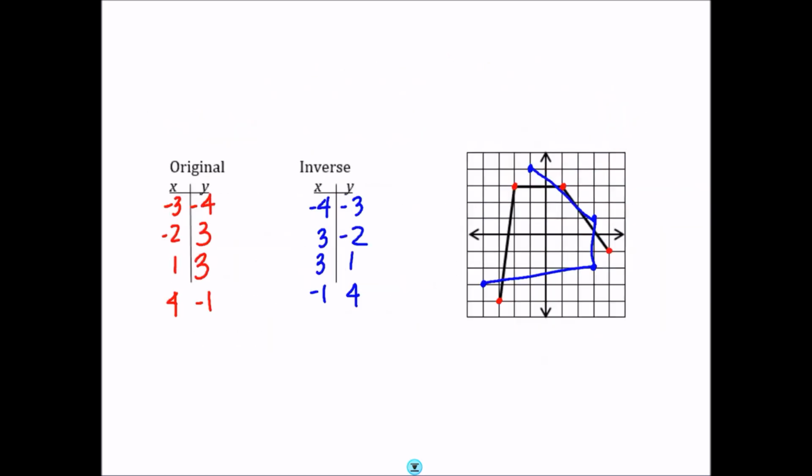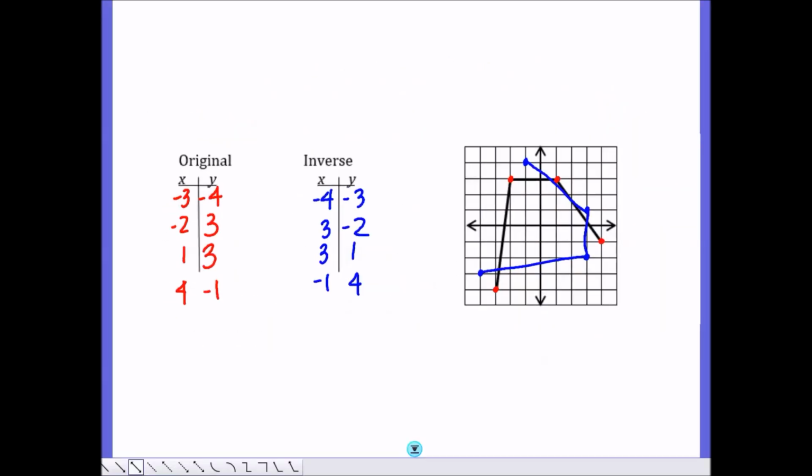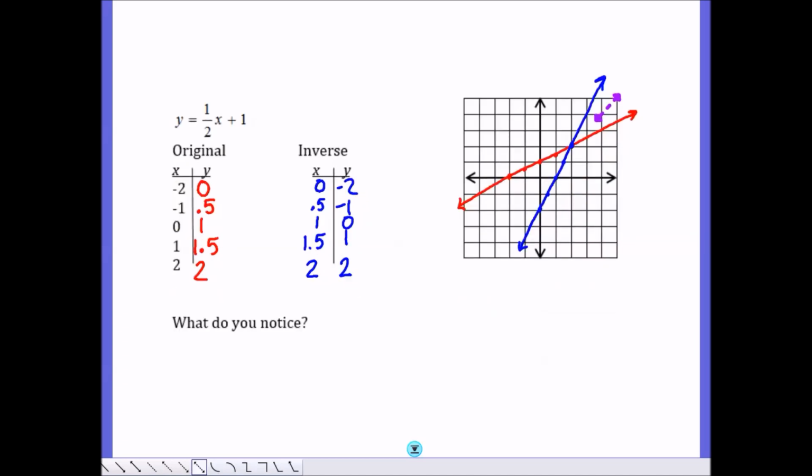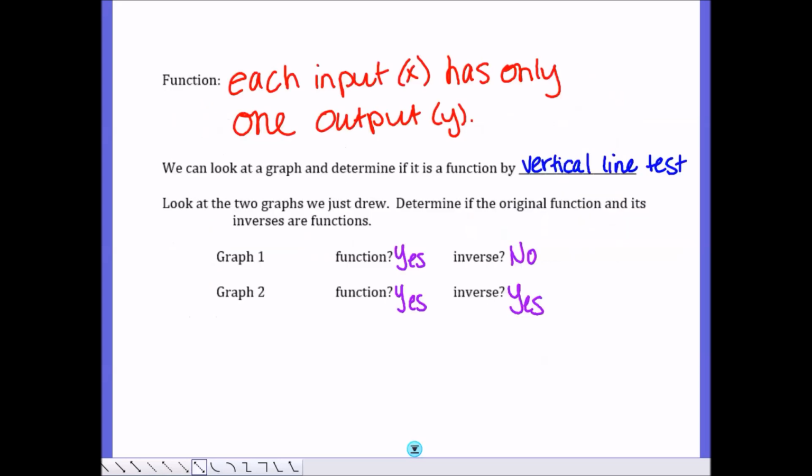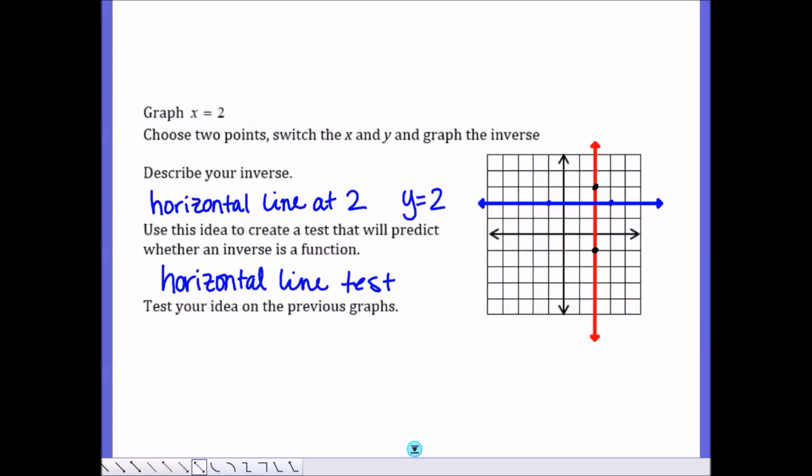If you remember from your parent functions notes, the line y equals x is a diagonal linear equation that goes through the origin and has a slope of 1. So I'm going to draw this line on all three of the graphs I've done.